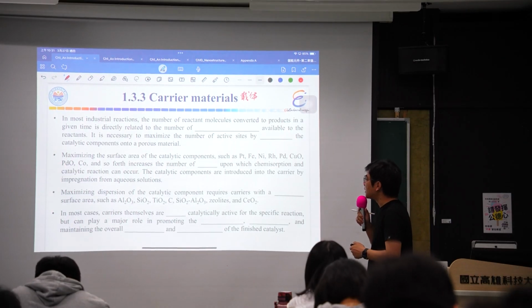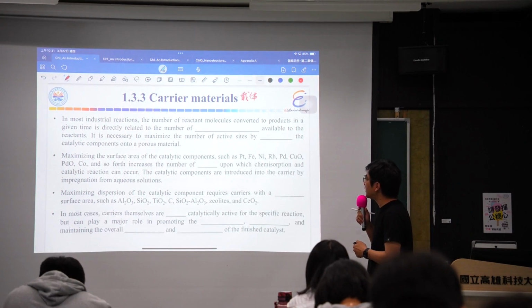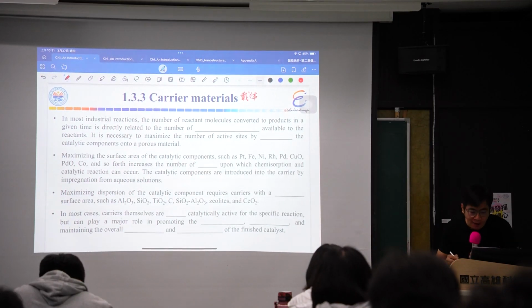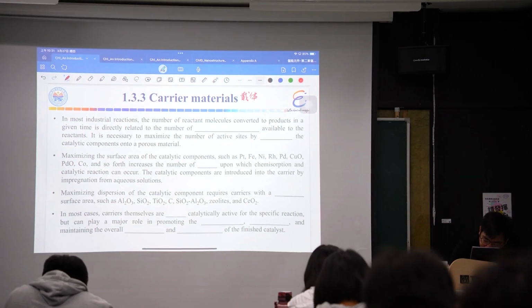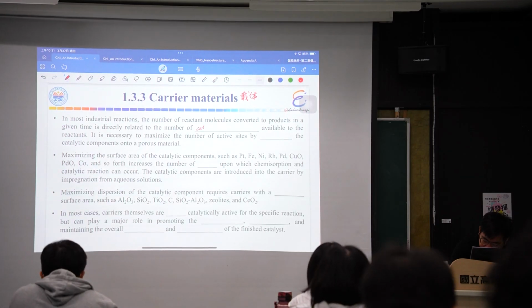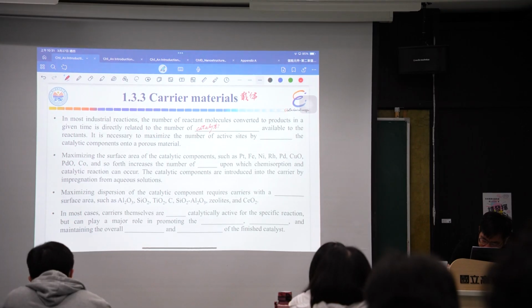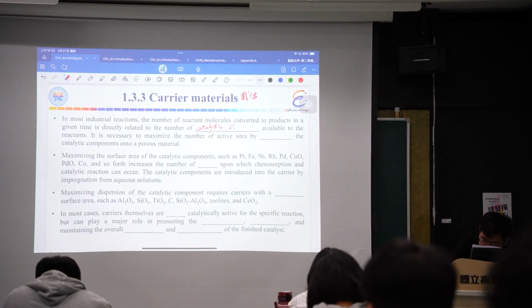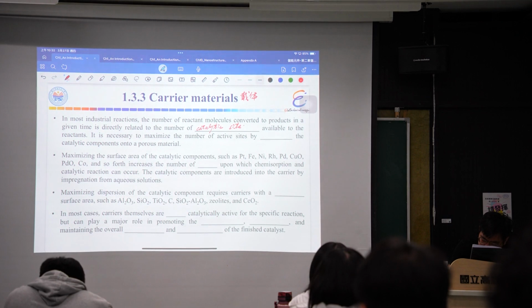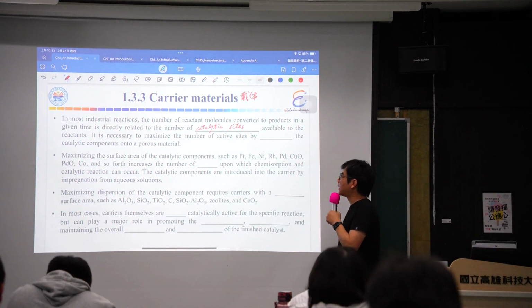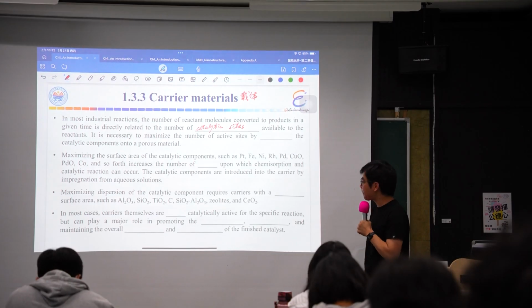a given time is directly related to the number of what? Number of catalytic sites, right? It is related to the size of the catalytic sites. Okay, is directly related to the number of sites.